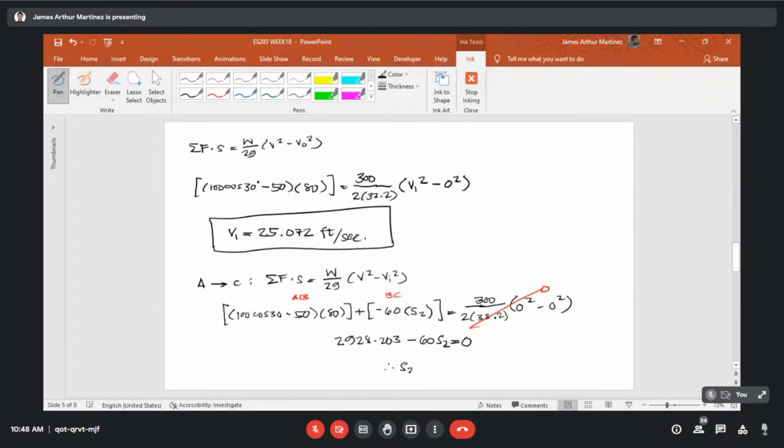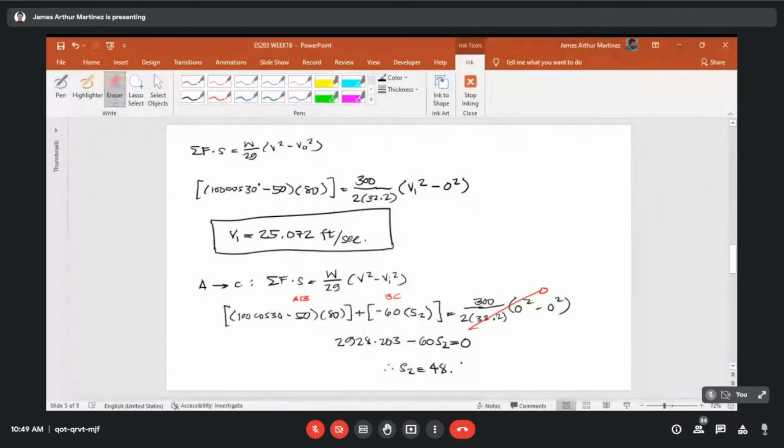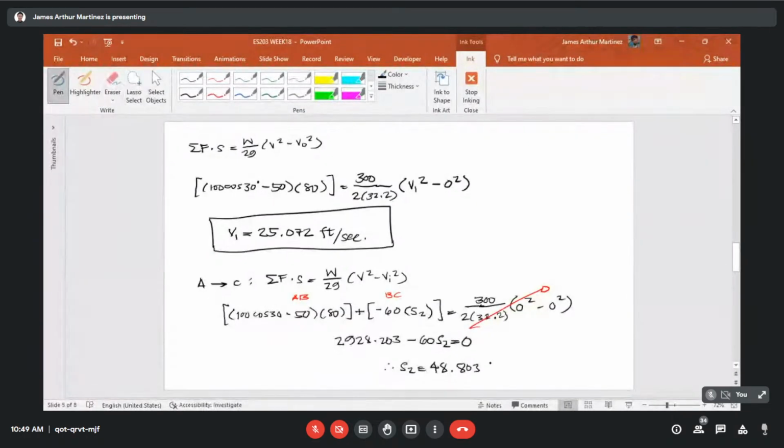Therefore, S2 is just 2,928.203 divided by 60. And S2 is equal to 48.803.